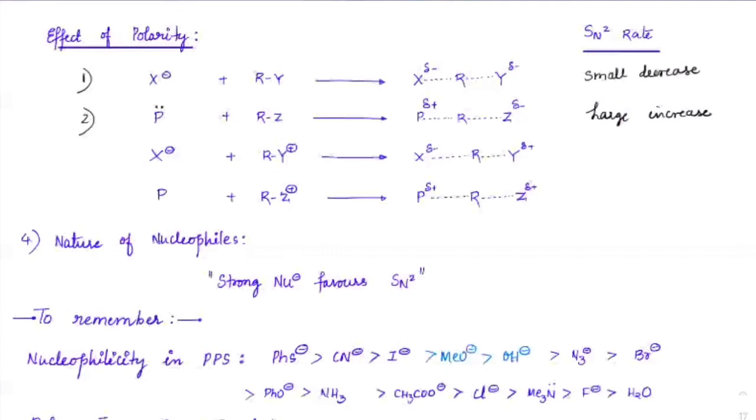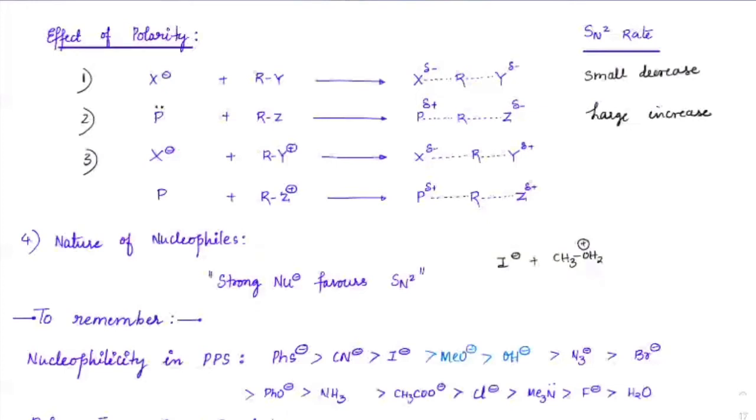Next, in the third case, X minus is the nucleophile and the leaving group is something like this. For example, I minus is attacking CH3OH2 plus. This is the kind of example I'm taking, where this is a nucleophile and this is a substrate. Now, can you see both of them are charged?